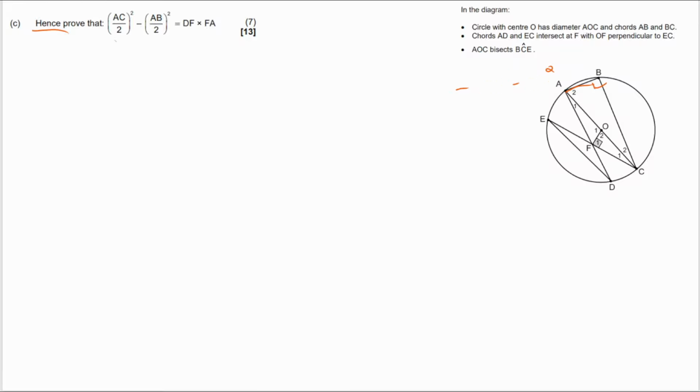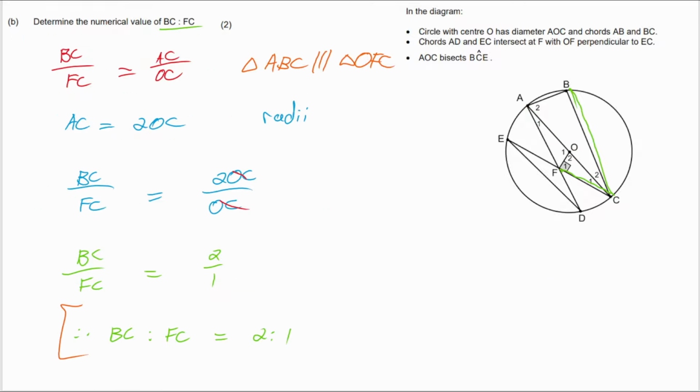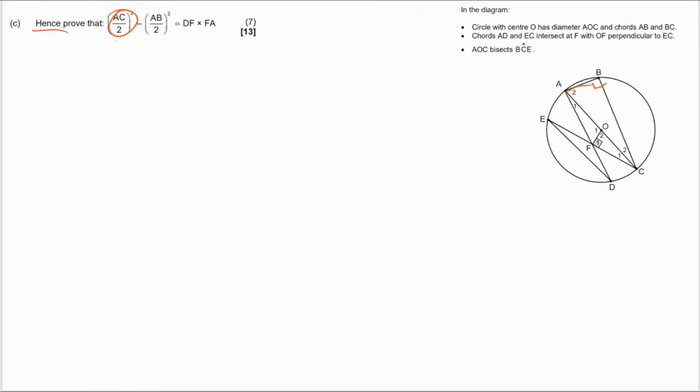Okay, but AC over 2, if we look at OC, we know that OC is a half of AC, right? So OC is AC over 2. So where did I get this AC over 2?